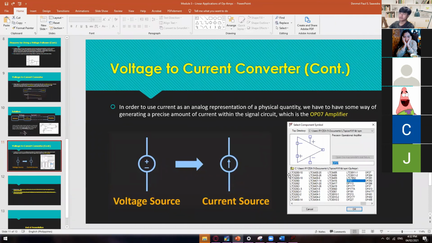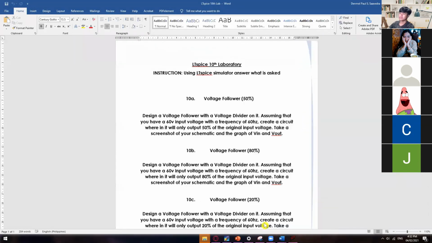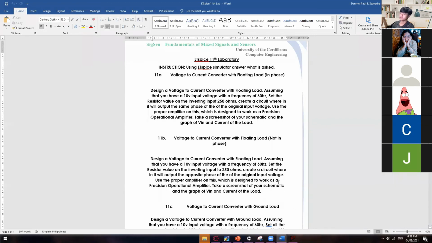So any concerns so far regarding your 10th laboratory and then 11th laboratory? Okay, so none coming from Mr. Escobar, Mr. Adam, and Mr. Martinez. So maybe for now, I'm not assuming that you guys do not have a question.